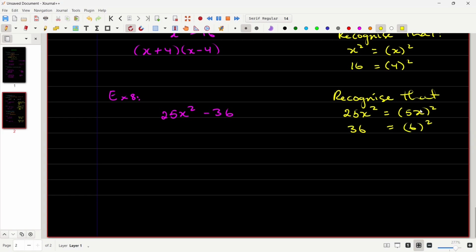All right, so we're seeing that this is 5x squared minus 6 squared. And that would mean that our factors are 5x minus 6 and 5x plus 6.